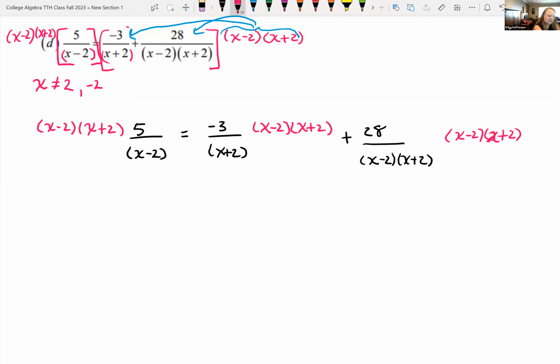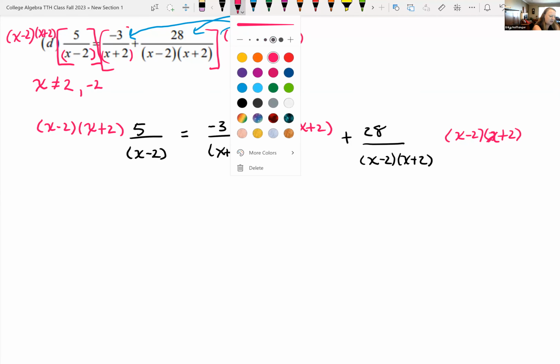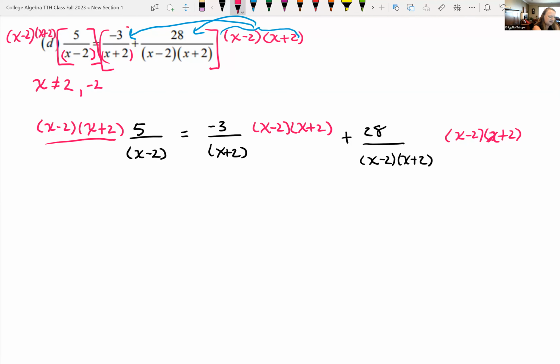So now that we've distributed on both sides of the equation, we can go through and cancel like factors. If it helps you to see it, you can always take your LCD and put it over 1.